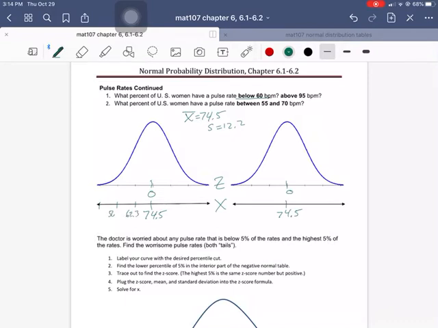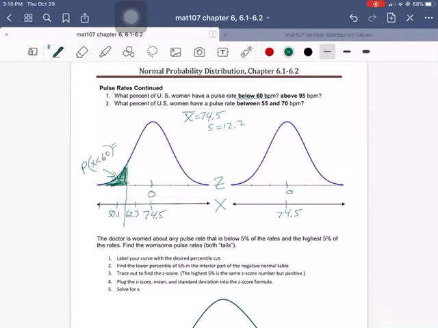Subtract it again, you're going to get 50.1. So 60 is going to be in here somewhere and below. All right. So we're looking for the area or the probability of being less than 60.